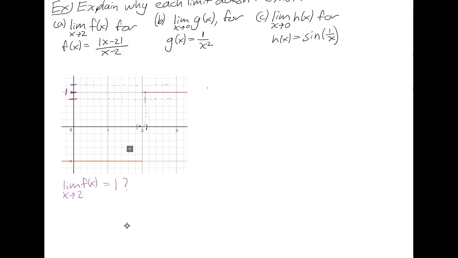But there's always going to be some values of x on the other side of 2 that make it so f of x is negative 1. And negative 1 is not as close as we want. So like f of 1.9, for example, is not close to 1. So that means the limit is not 1.